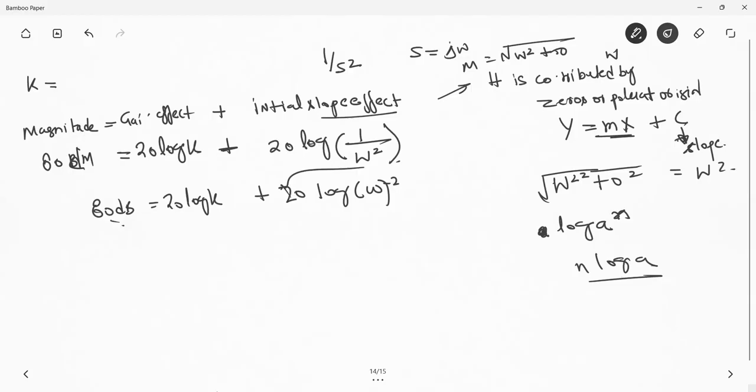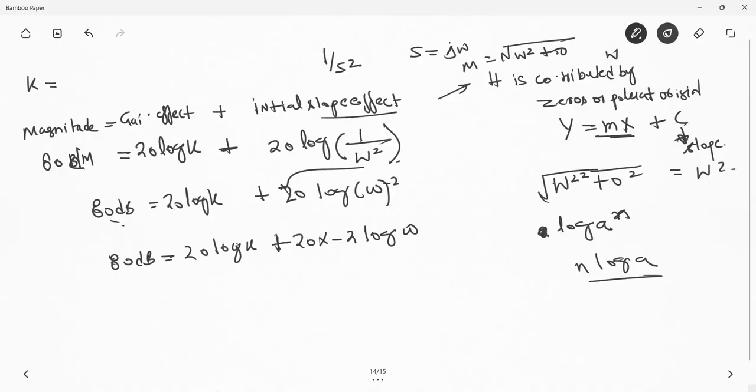Same formula. So this can be written as plus 20 into minus 2 into log omega, plus 20 log k. So this is your 80 dB.